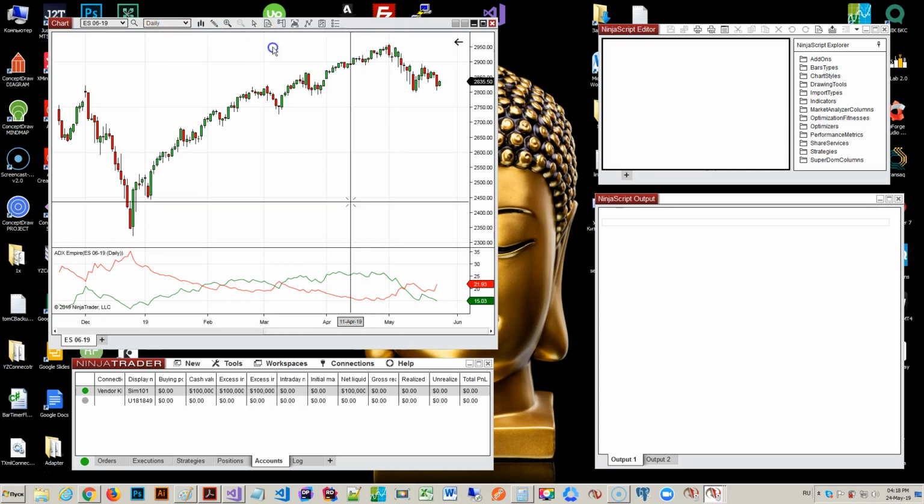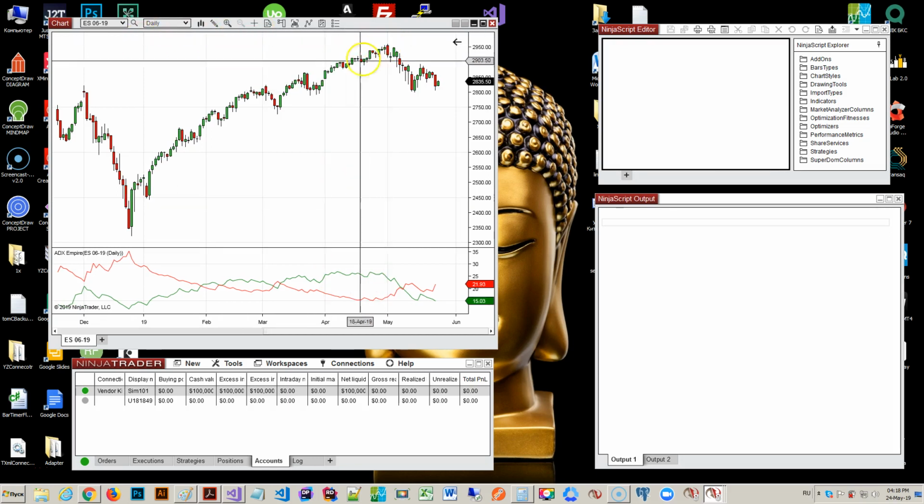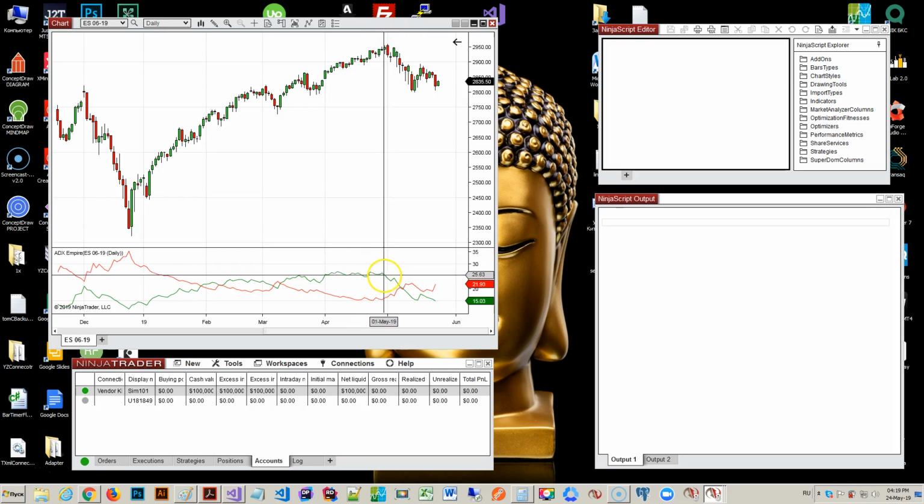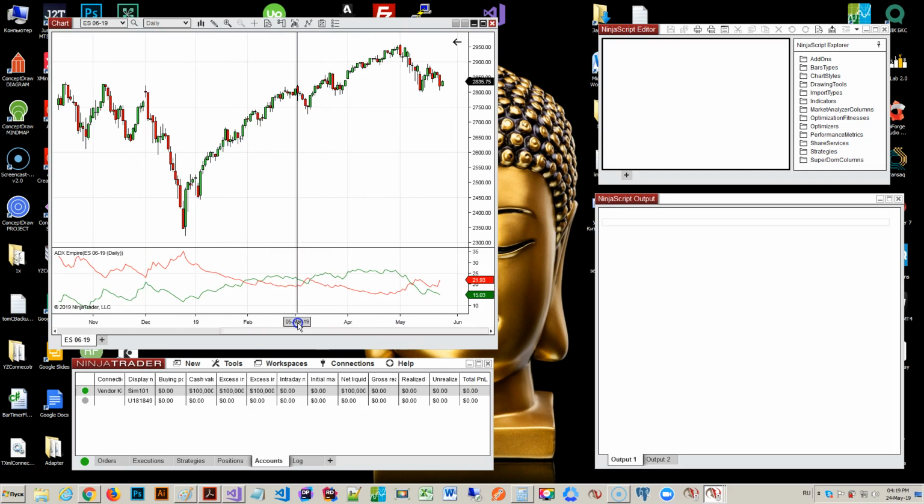For example, if you have a look at this part here, we can see that the trend is still growing, and you can see how it starts to fall at this stage. It's an interesting concept. From here you can see it's growing, and here's a pushback. You can see it's still growing, and you can look for divergences here as well.